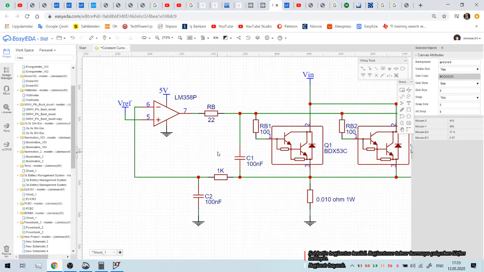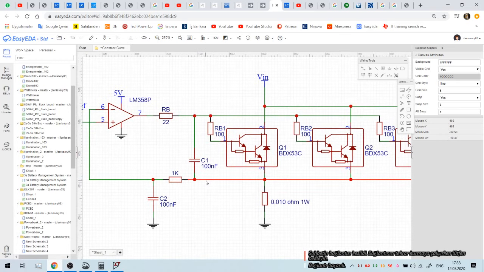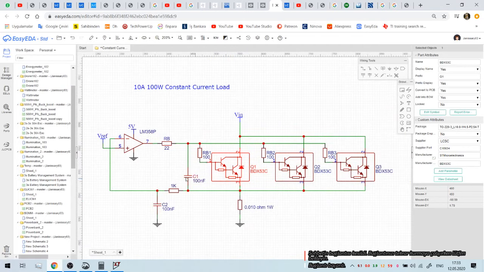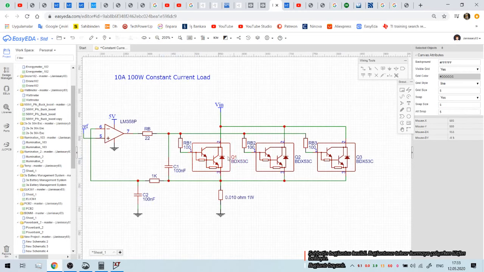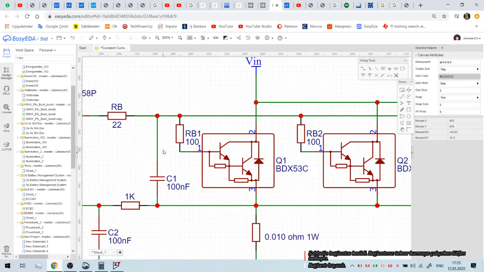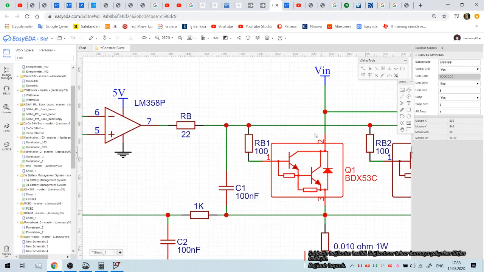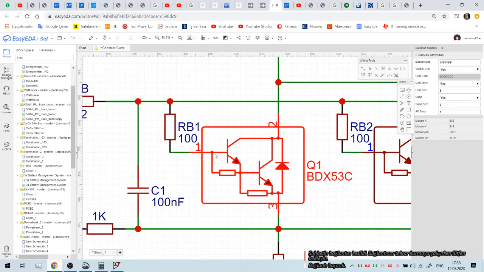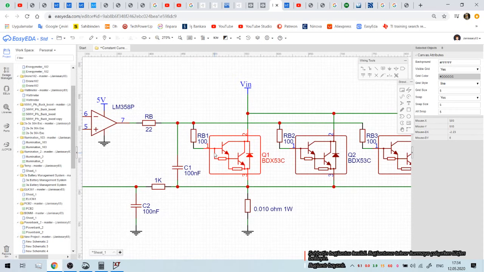Also, there are resistors we do not need here. Mostly we need some resistor here to cut off this transistor, but we don't need it, because you can see there are two resistors from base to emitter of this BJT. We don't need to use them.